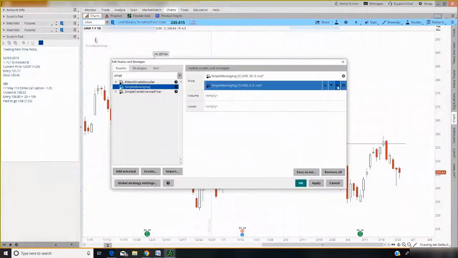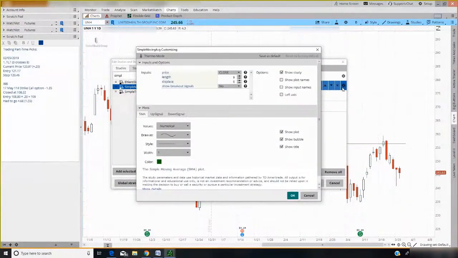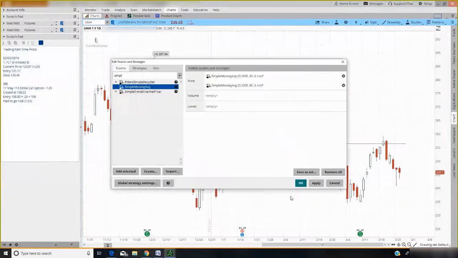The next one we're going to do is 40, and I'm going to make mine red. So the 20, 40, red. Boom. Okay? So these are the only 2 moving averages on your chart.